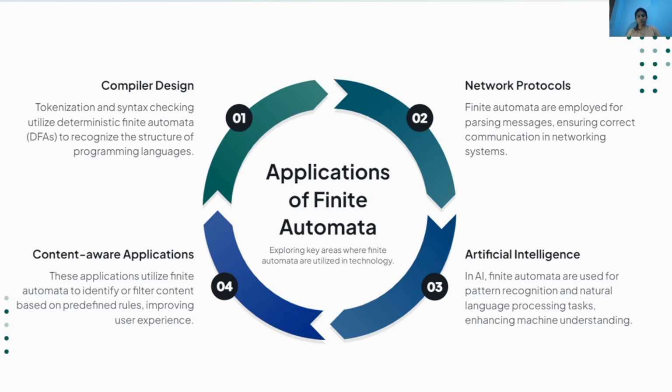In compiler design, tokenization and syntax checking utilize DFA to recognize the structure of programming languages. In network protocols, finite automata are employed for parsing messages, ensuring correct communication in networking systems. Third, in artificial intelligence, finite automata are used for pattern recognition and natural language processing tasks, enhancing machine understanding.